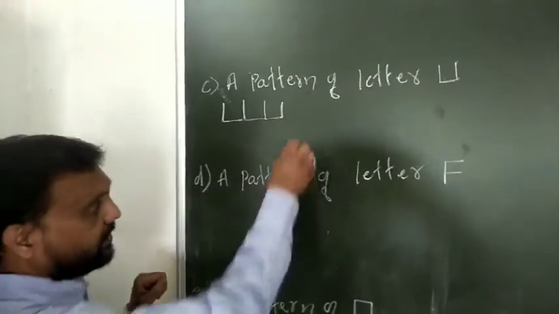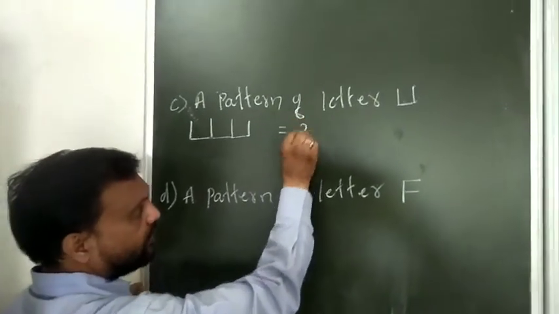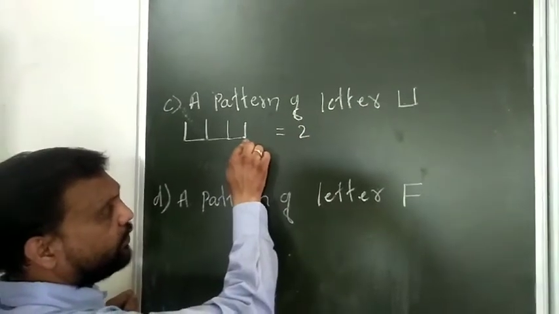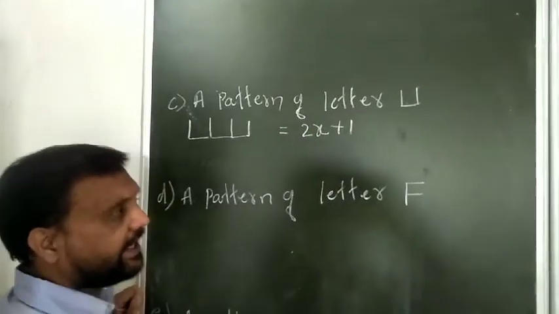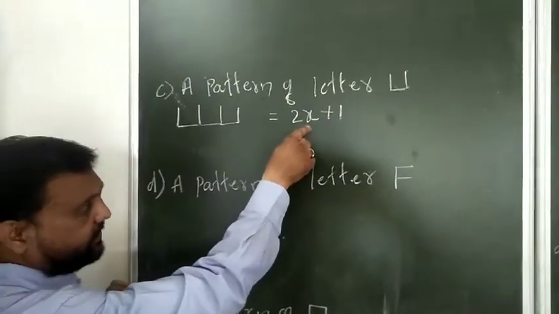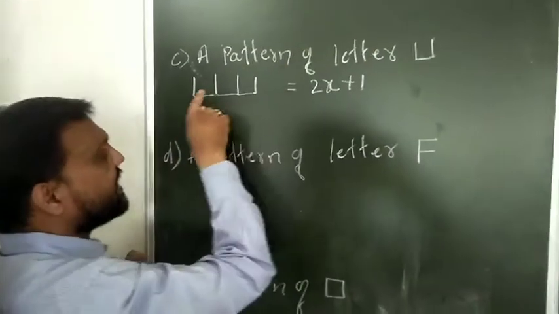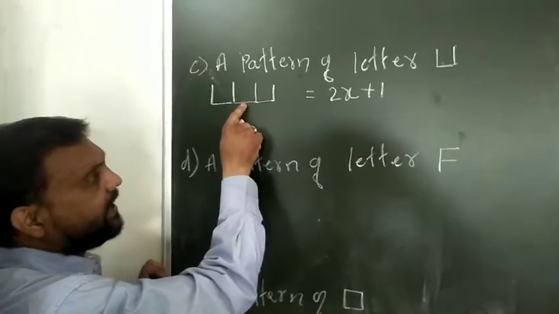So here the expression is 2, and I am taking x plus 1. You can take any alphabet. So here I take x. To make a U, first I require 3 sticks. But the second time I require 2 sticks.